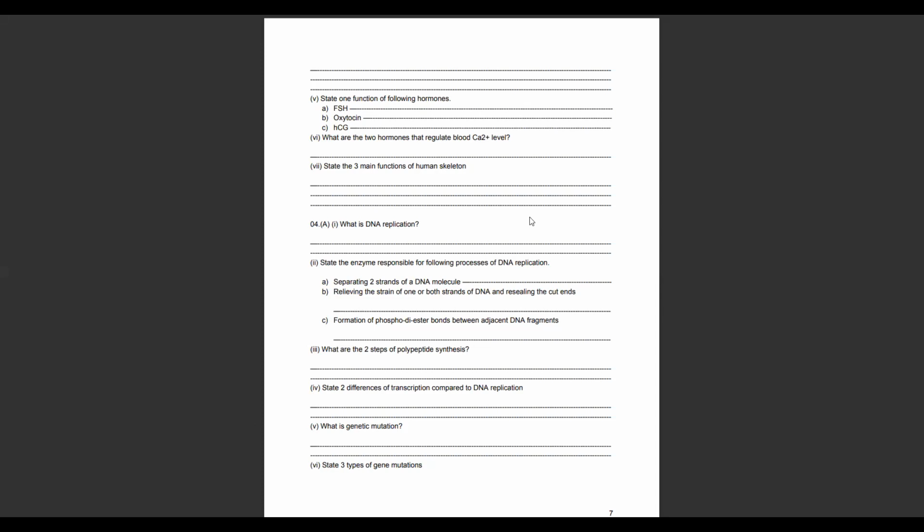Part B, relieving the strain of one or both strands of DNA and resealing the cut ends: topoisomerase. Part C, formation of phosphodiester bonds between adjacent DNA fragments: DNA ligase. DNA helicase, topoisomerase, DNA ligase. Give 3 marks.